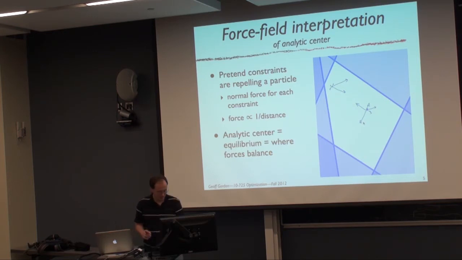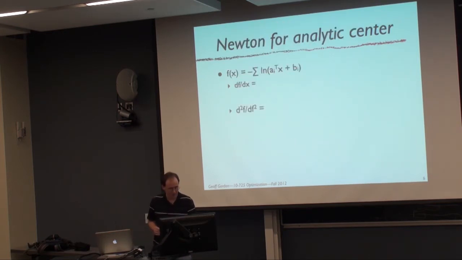All right, so one way to find the analytic center is Newton's method. We did this very briefly at the end of class on Tuesday, but I want to do it in a little bit more detail. So if we have f, we call this the log barrier function. It's the thing that we're trying to optimize to get the analytic center.